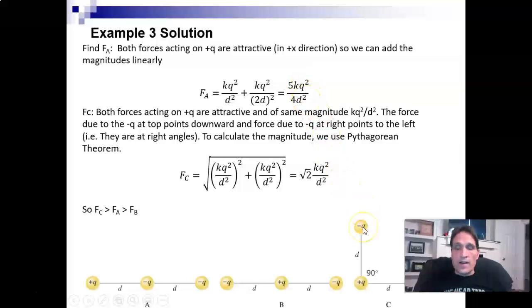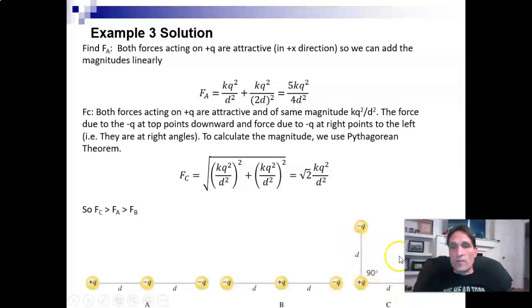Now let's compare that with part C. The charge Q experiences an attractive force with magnitude KQ squared over d squared, and that's a vector pointing upward because it's attracted. It will also experience an attractive force pointing to the right, and that's KQ squared again over d squared.